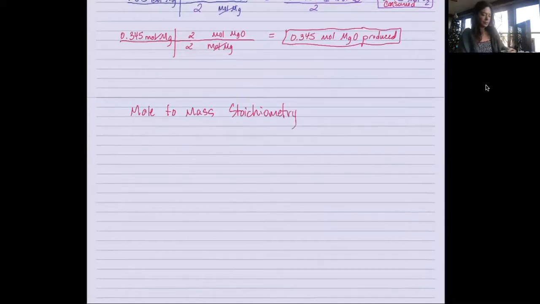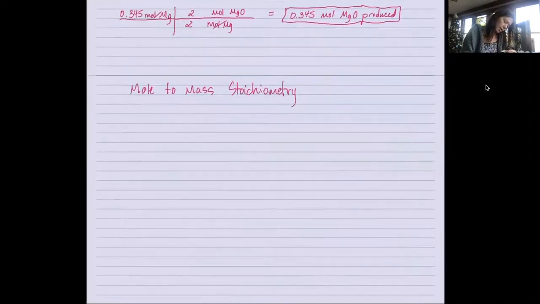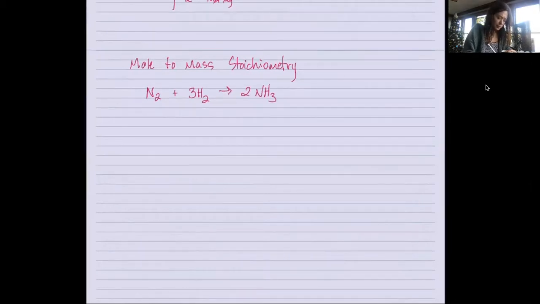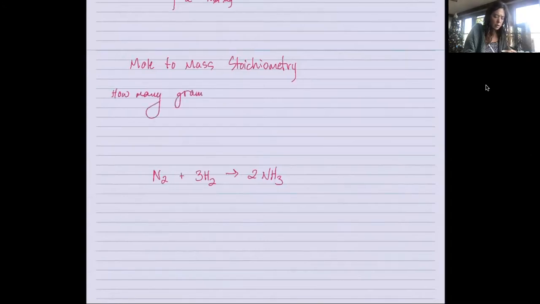All right. Well, let's say that we have, just trying to come up with a reaction. Let's go back to our N2 plus 3H2 yields 2NH3. All right. I'm going to write that down here, and I'm going to write the question on top of it. How many grams of product produced if, let's see, moles.